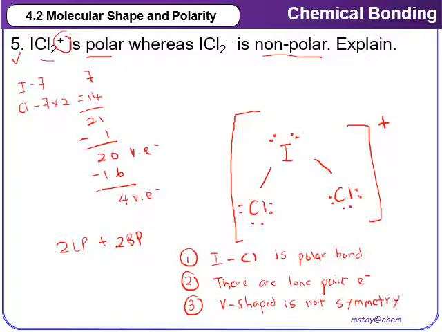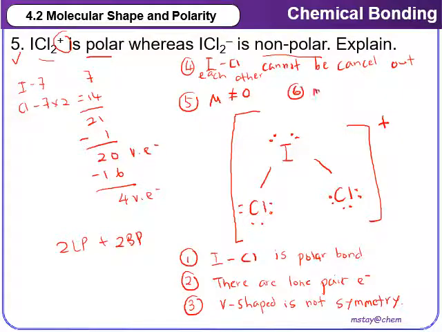Once the V shape is not symmetrical, the bond dipoles cannot cancel out each other. So the dipole moment is not equal to 0, and this molecule is polar.